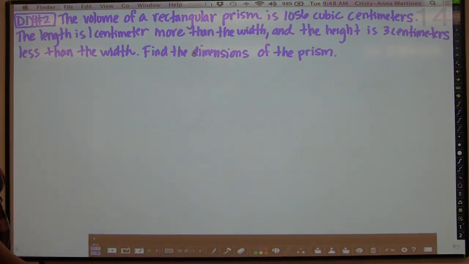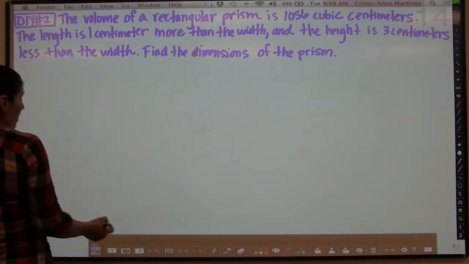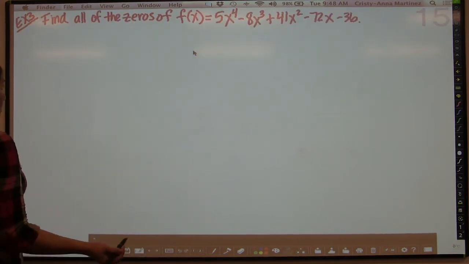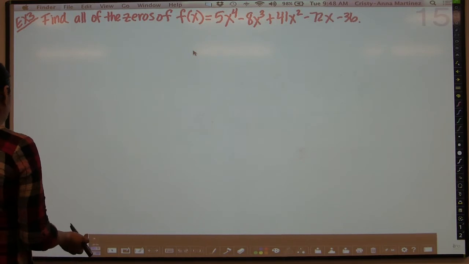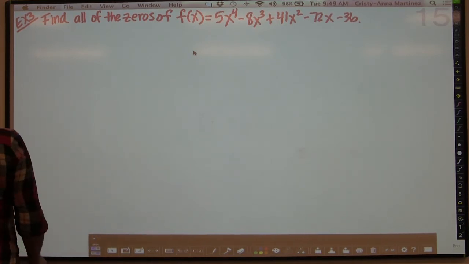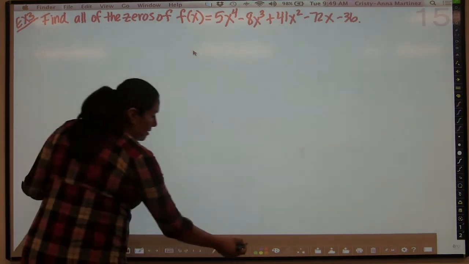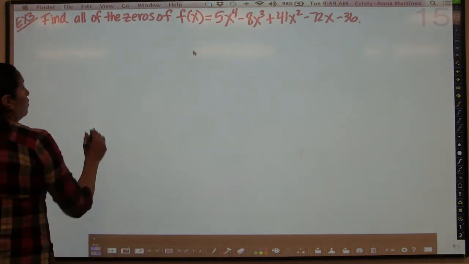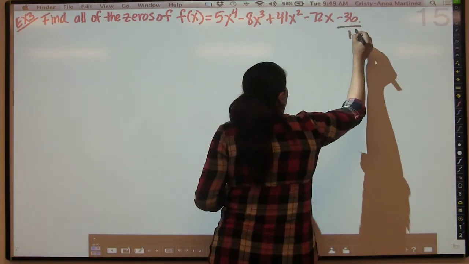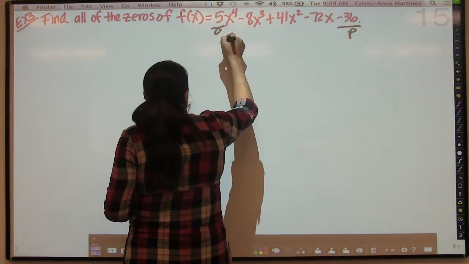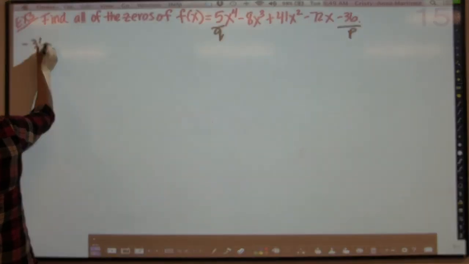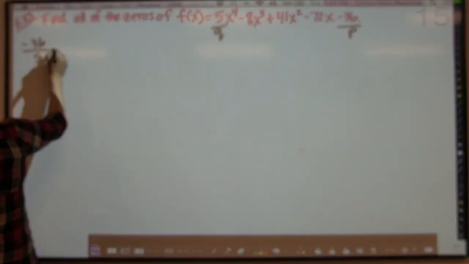And so now you can try this little guy. It's very similar. And then we will go on to the last example, which is basically to find all the zeros. We're going to do the exact same thing all over again, only this time it's okay to have imaginary numbers at the end. So we're going to begin, as previously, with P and Q. So this time we're going to get negative 36 over 5.